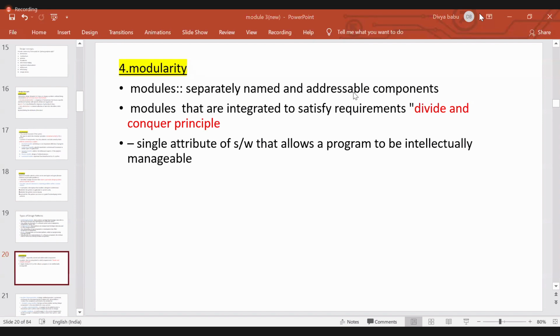Where we applied the divide and conquer rule: in merge sort, quicksort, and binary search algorithms. Many places we applied divide and conquer. So we divide into different groups, and we work on that particular group. After that, we are merging together.